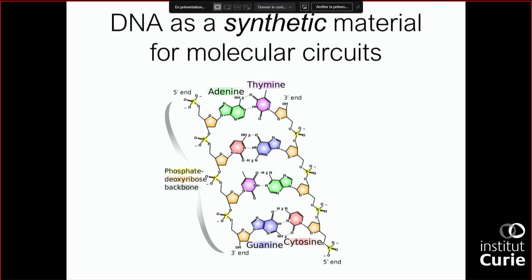So adenine likes to go with thymine, and guanine likes to go with cytosine, right? So if you have two pieces of DNA, they will want to associate into this duplex, but they will do that only if you have the correct matching between the sequence of one strand and the sequence of the other strand. And this correct matching goes with a very simple rule that in front of A you want T, and in front of G you want C. Right? So the rule is basic, simple, and easy to understand.